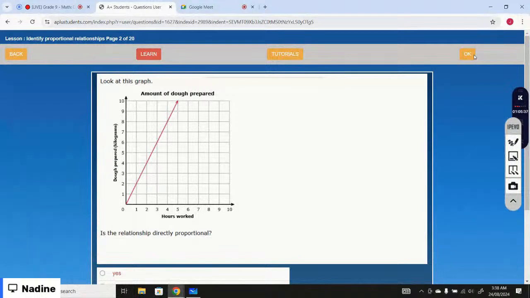Yes, that is directly proportional, right? Because the graph is passing through the origin, so that is directly proportional. Option number one is the correct option. Yes, it is.